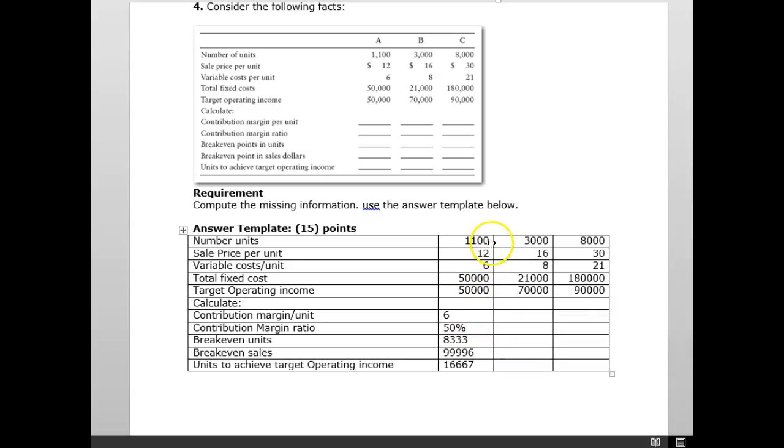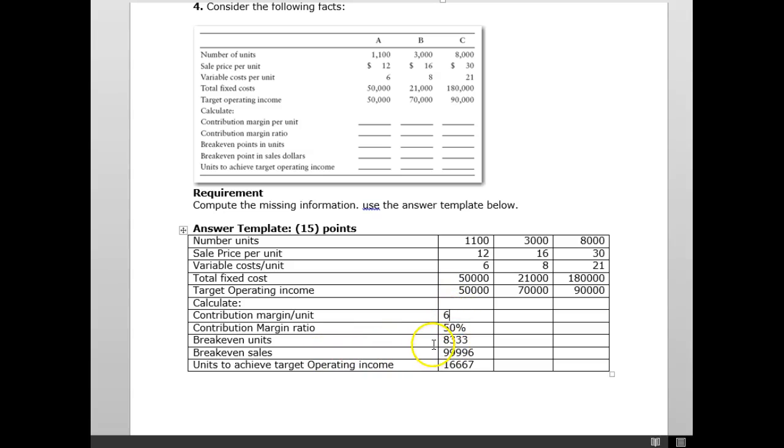Very simple. Define the CM per unit: it is the sales minus the variable. To find the CM margin ratio, you would divide this 6 by the 12, which gives you 50%. Break even is going to be the fixed cost divided by the CM.